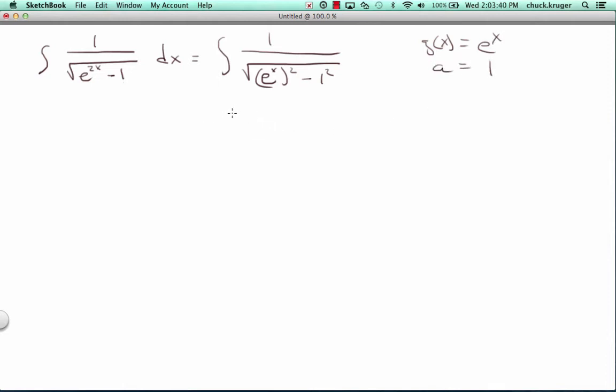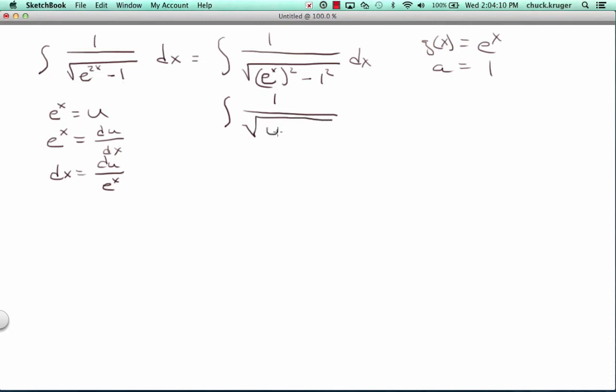Now I'm temporarily going to let e to the x equal u. So e to the x is also going to equal du dx, which means dx can be defined as du divided by e to the x. And so when I substitute in here, here's my 1, here's the square root, I forgot my dx there, the square root of u squared minus 1 squared, and I'm going to have du here, but I need to say one more thing.